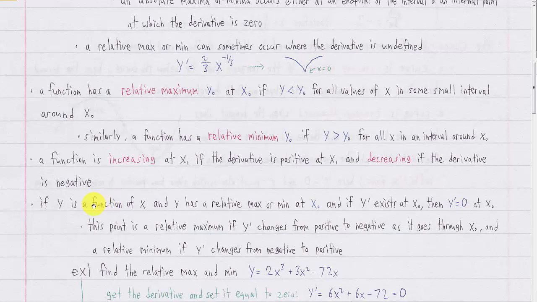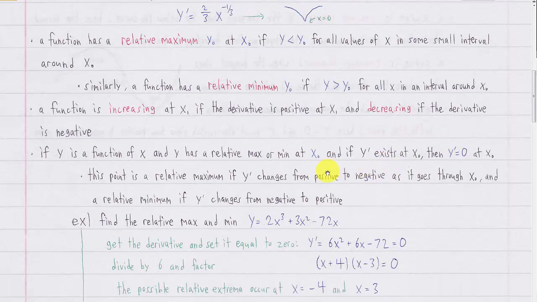So if a function has a relative maximum or minimum at some point, and if the derivative exists, and remember that sometimes the minimum occurs when the derivative is undefined, but if the derivative exists, then the derivative must be equal to 0. And also, the derivative must change signs around this point. If it changes from positive to negative, it's a maximum. And if it changes from negative to positive, then it's a minimum.